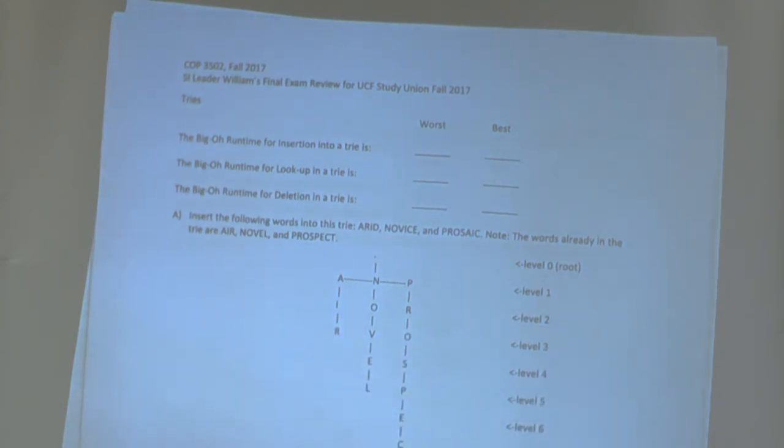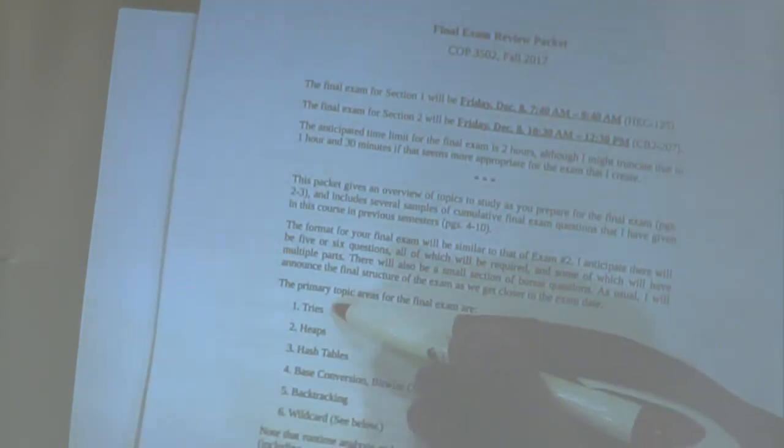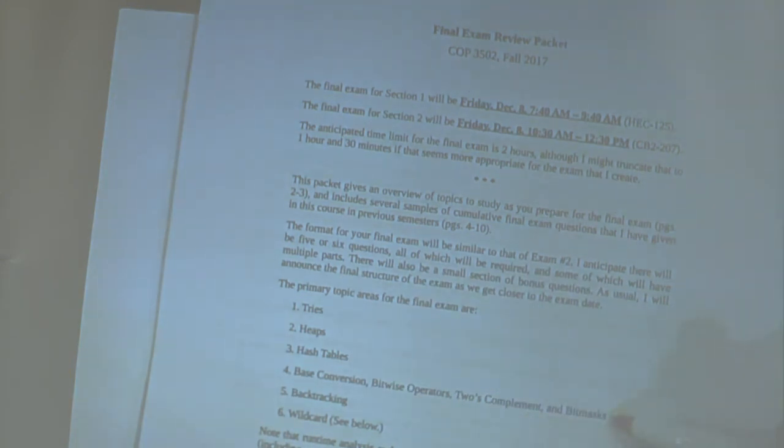So the topic for today that I planned out is using Dr. Znamski's URI packet. It's going to be on tries, heaps, hash tables, some base conversions, bitwise operations, twos complements, and bitmasks.